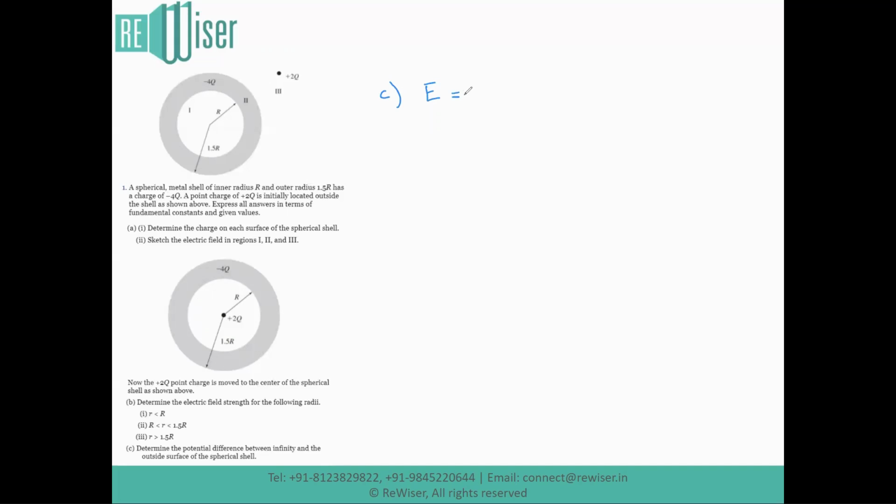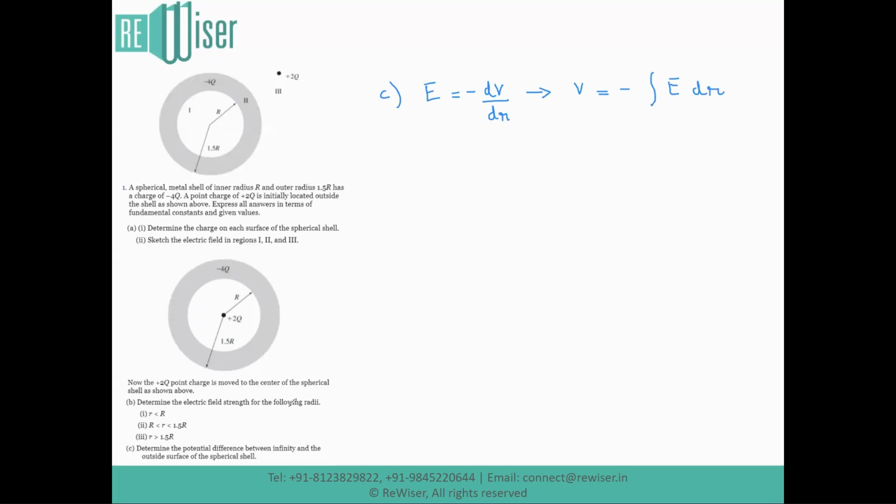Electric field E is equal to minus the differential of potential with respect to the distance r. When rewritten and made the subject of the equation, V becomes equal to minus integral of electric field or the magnitude of electric field with respect to r.